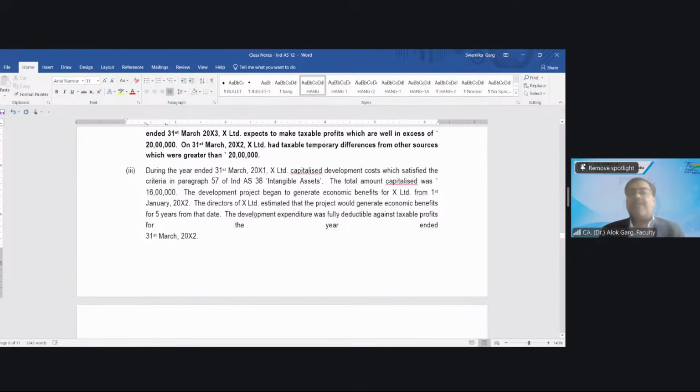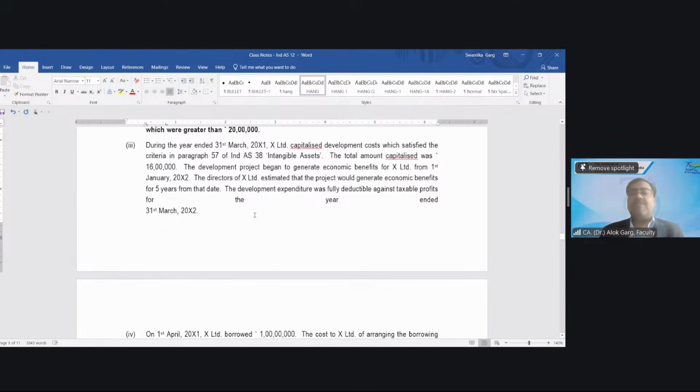The development expenditure was fully deductible against taxable profit for the year ended 31st March 2002. What they are saying is this development expenditure was fully deducted for that year.